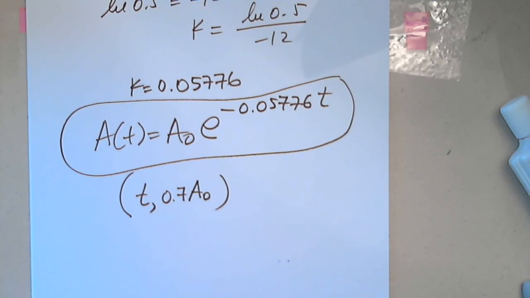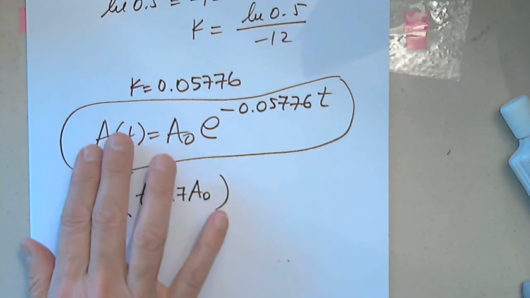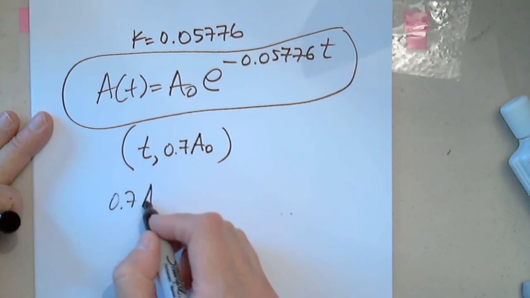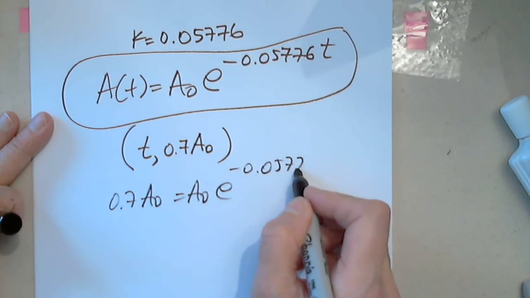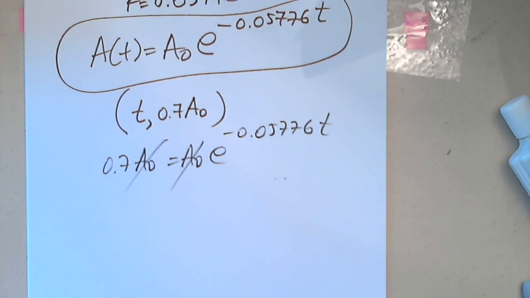I just have to put this point in, or just simply say A of t is this, and that's good enough. 0.7 A0 equals A0 e to negative 0.05776t. Of course, that will go away.